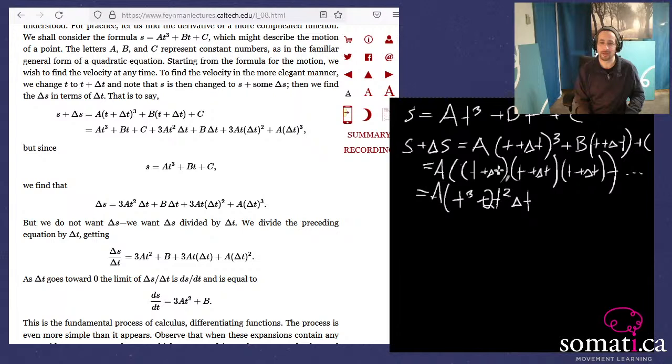And then delta t times t times t. So that's another t delta t. Delta t times t times delta t. There's probably more than one of those. Delta t squared. Wow. Already getting tedious.